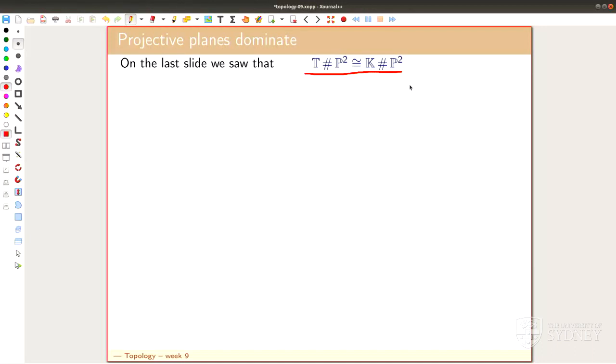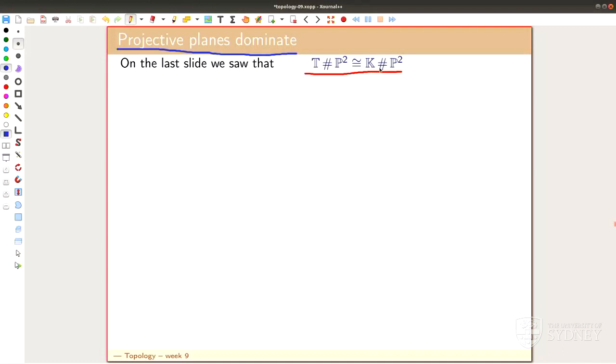That's a slight annoyance here, and you always need to be careful, and I try to stress that several times. What really happens here, and that's why I call this slide "the projective planes dominate", right? We don't like them, they're a bit difficult, but they essentially dominate everything. As soon as you have a projective plane, everything else looks like a projective plane. It's very weird.